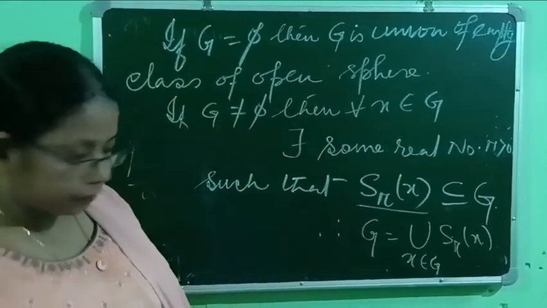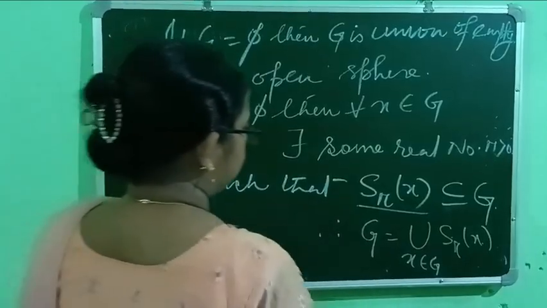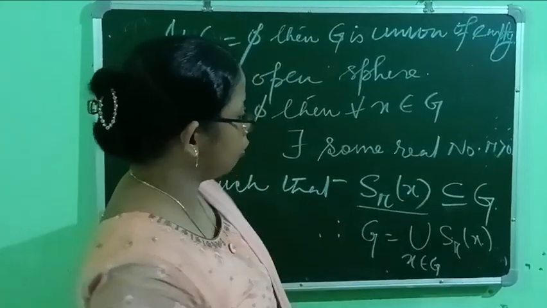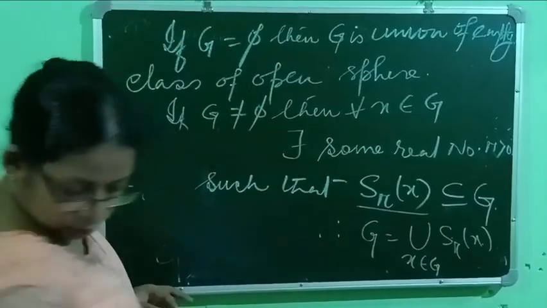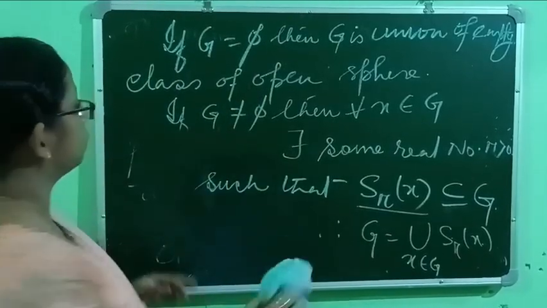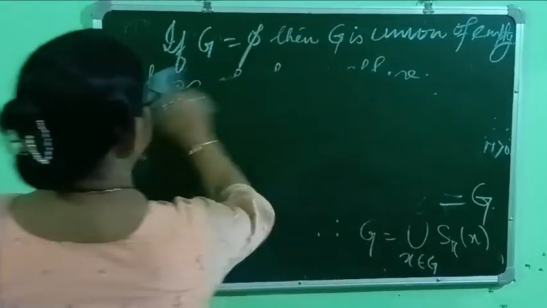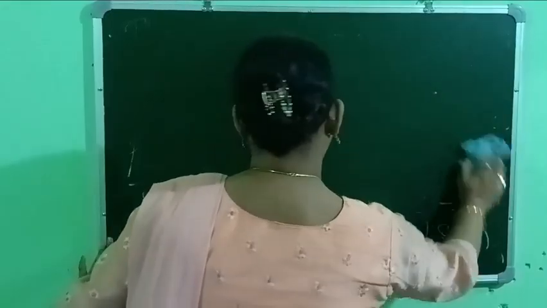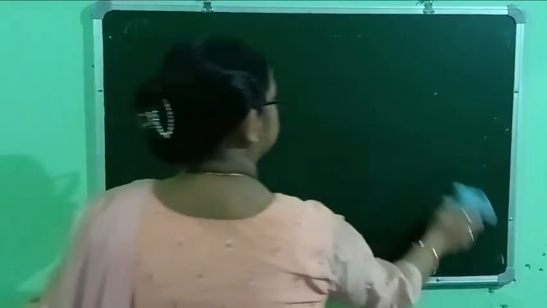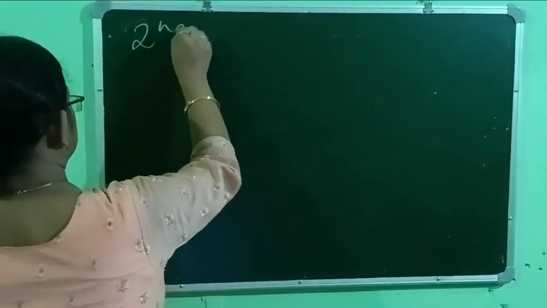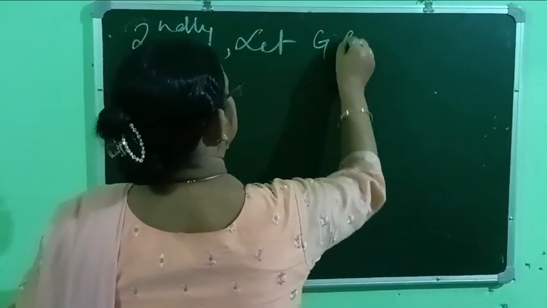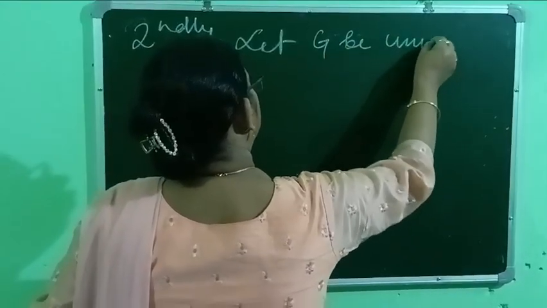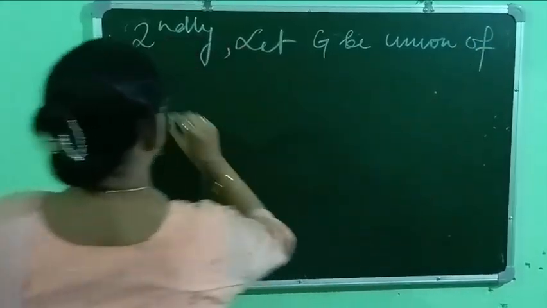Secondly, we will assume G is equal to union of all open spheres. We are going to show that G is open. Let G be union of open spheres.